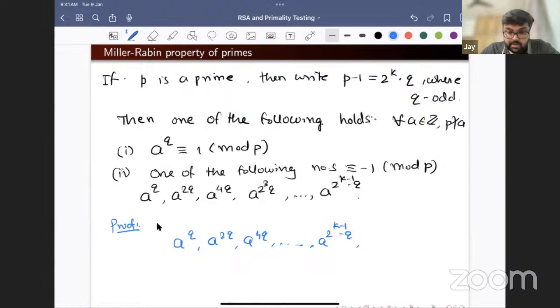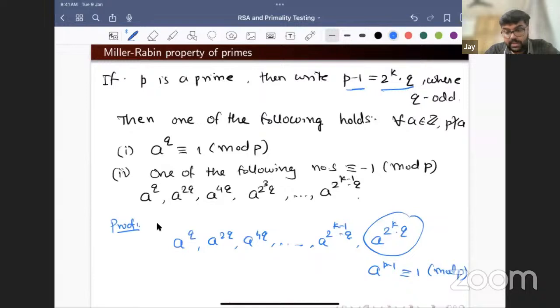What will be the next number? Again we square it, so we have a power 2 raised to k times q. But 2 raised to k times q is nothing but p minus 1. So this number is actually a raised to p minus 1, which we know by Fermat's little theorem is 1 mod p. So the last one is 1. I have added one number, which was the last one.